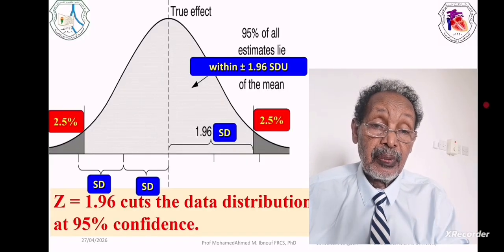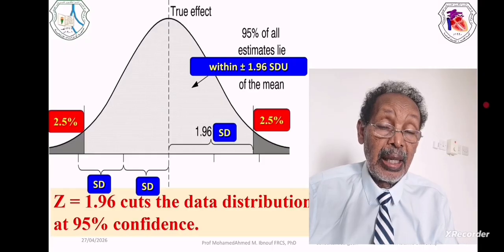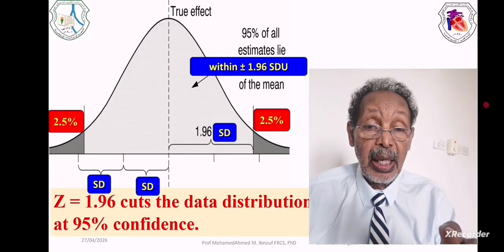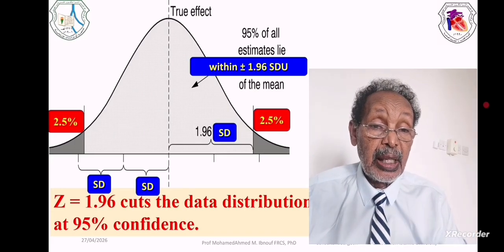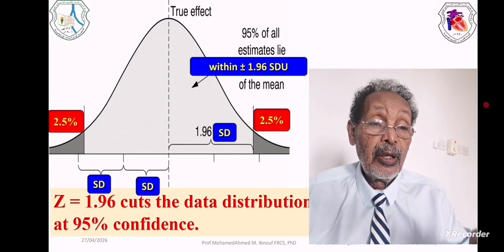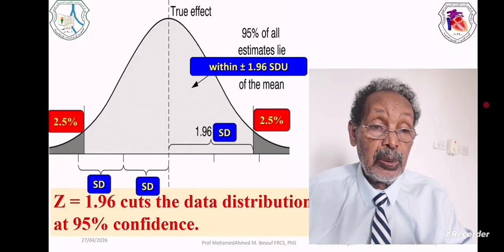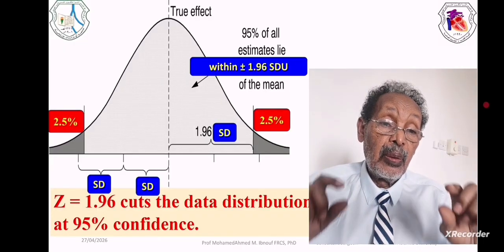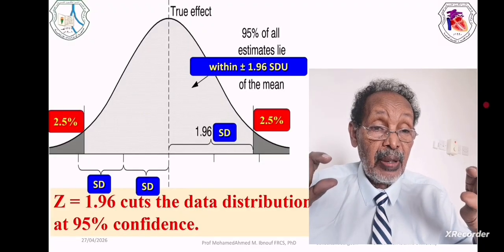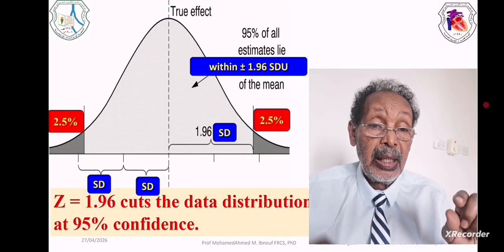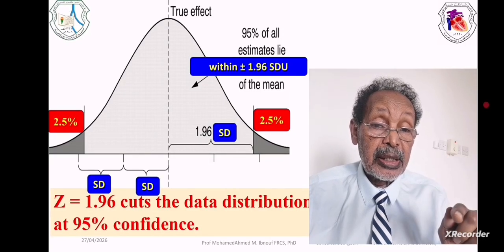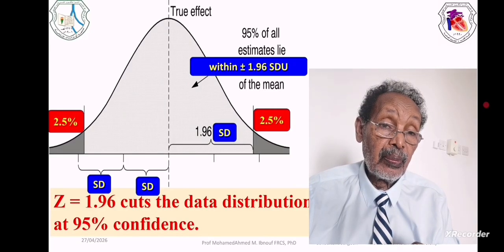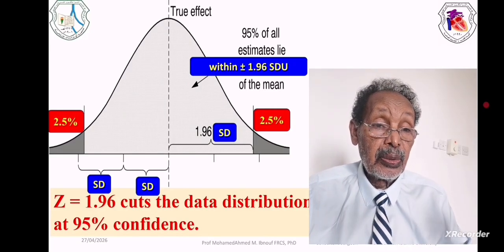And on the right-hand side, the Z value has moved 1.96 units of standard deviations to reach the cutoff point for the upper limit of our 95% confidence interval, at Z value 1.96, outside which there is 2.5% significant difference.